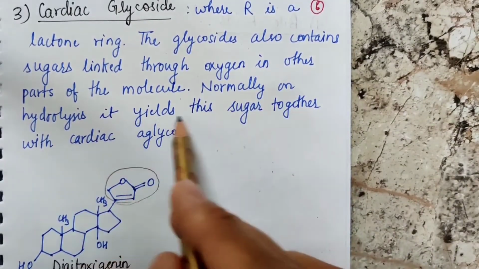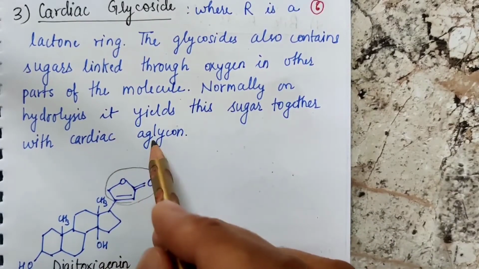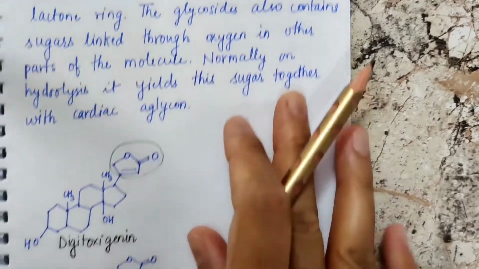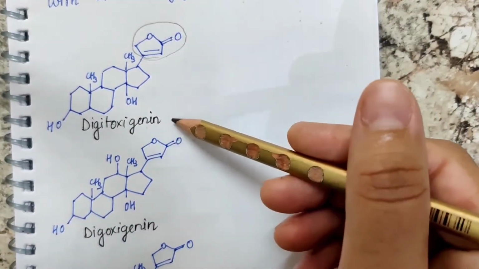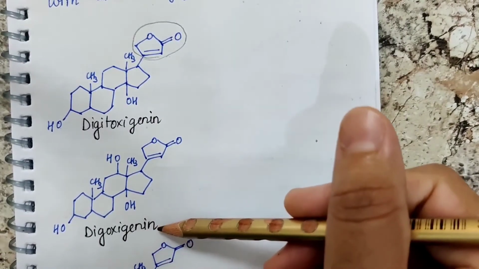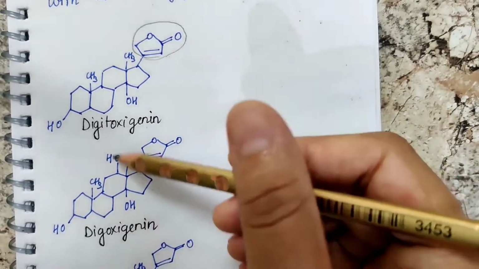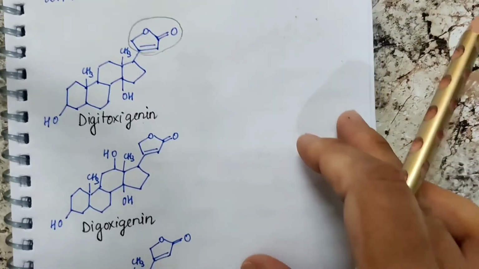Normally on hydrolysis, it yields this sugar together with the cardiac aglycone. If you see the example, digitoxigenin is one, and the second one has one more hydroxy group than the first.